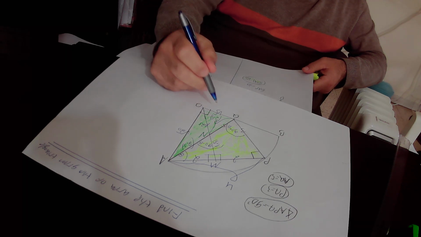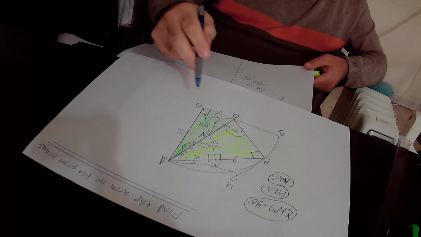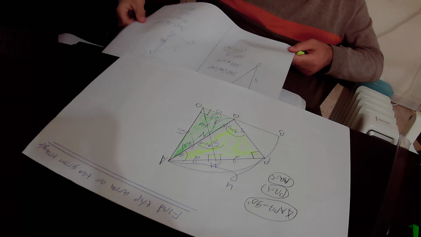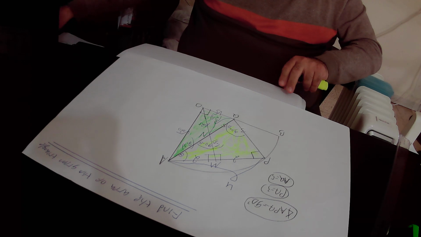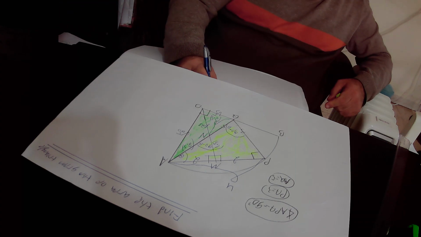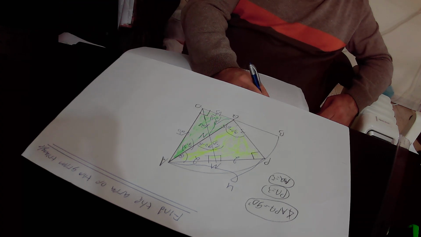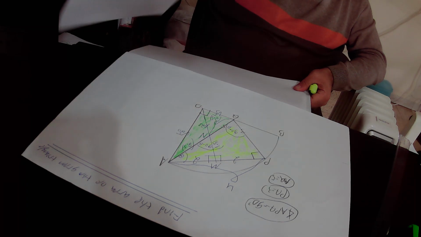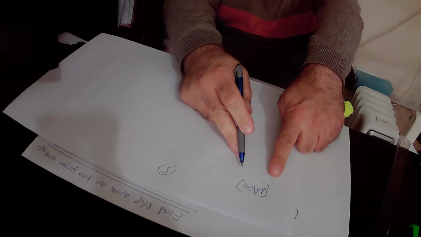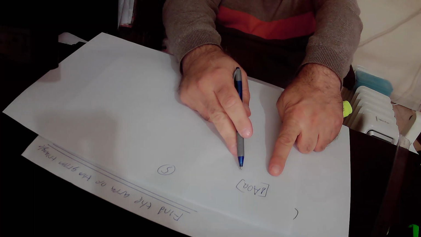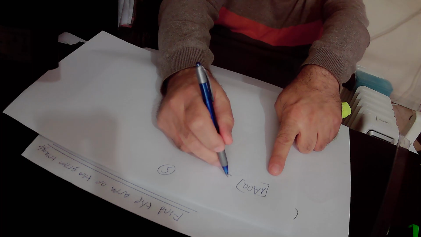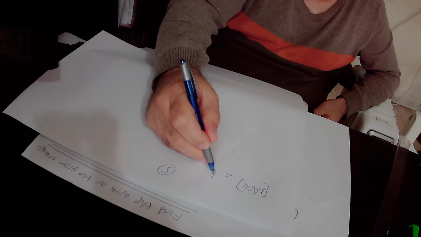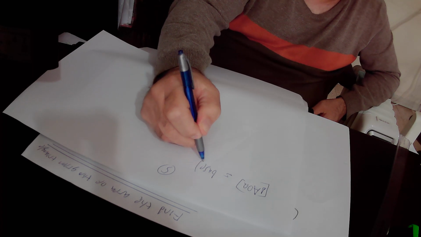Now it is very easy to find the area of this green right triangle AOQ. Here, the square brackets are the sign for the area. It means the area of triangle AOQ equals the base of the triangle times the height to the base.